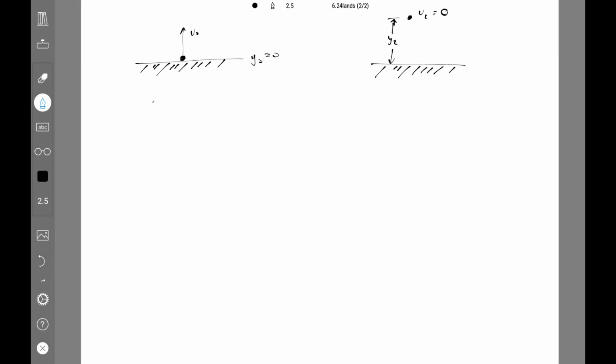The total work done in going from the initial state to the final state is going to be equal to the kinetic energy final minus the kinetic energy initial.